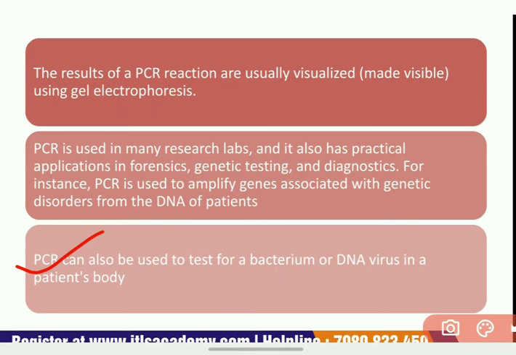PCR can also be used to test for a bacterium or DNA virus in a patient's body. If the pathogen is present, it may be possible to amplify its DNA from a blood or tissue sample.